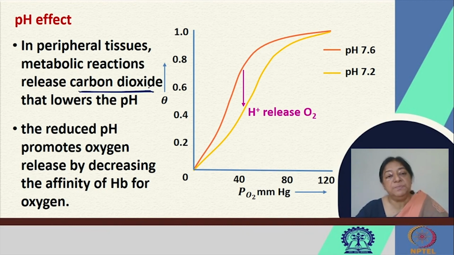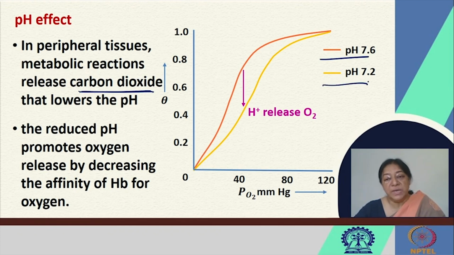So what happens in peripheral tissues is, because of several metabolic reactions, there is the release of carbon dioxide that, because it remains in a bicarbonate form, lowers the pH. Now the reduced pH promotes oxygen release from the hemoglobin, because it decreases the affinity of hemoglobin for oxygen.